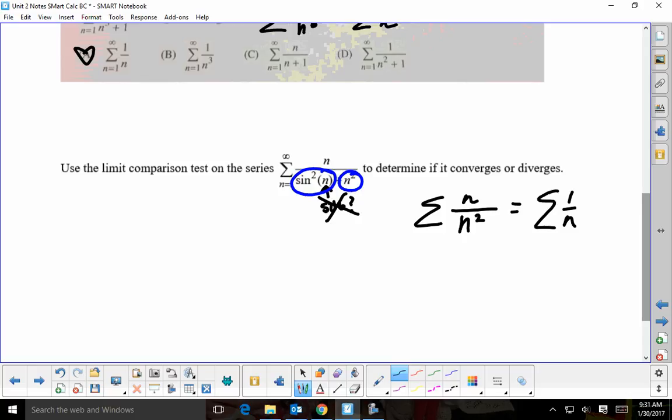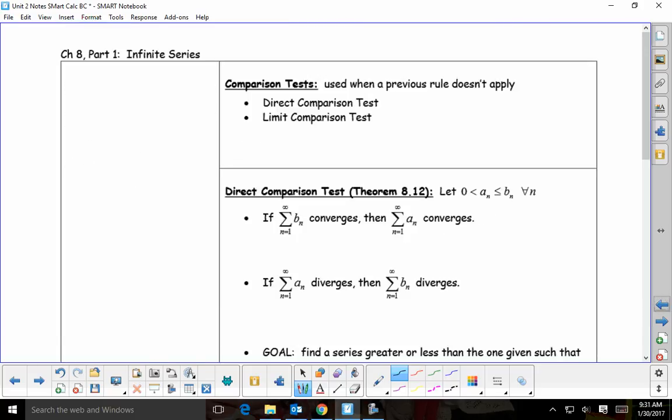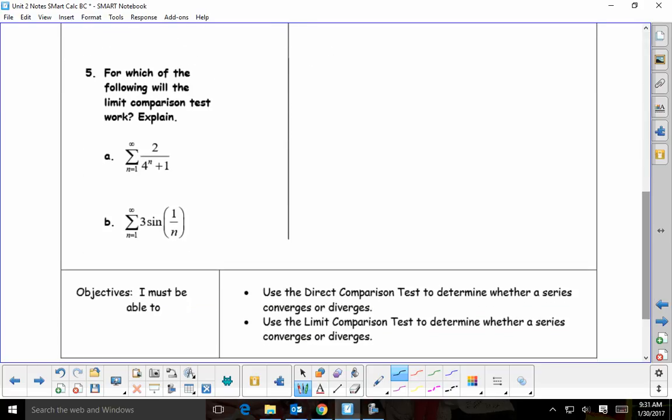Now go back to your essential questions and look at the difference in the b. I think you do a here in a little bit on your own. But look at b. You see how the sine has a fraction within it and there's nothing else going on?